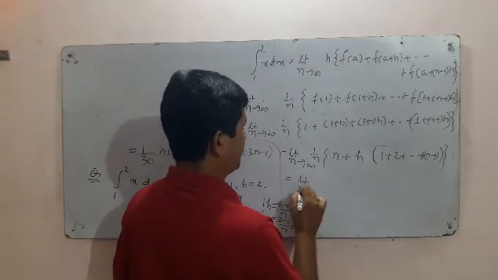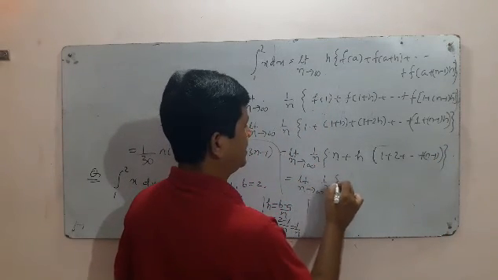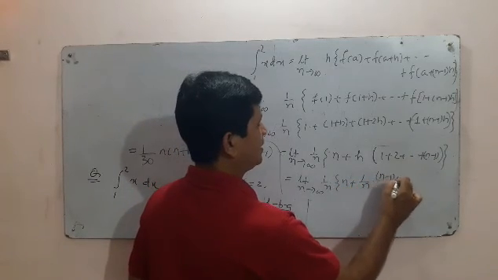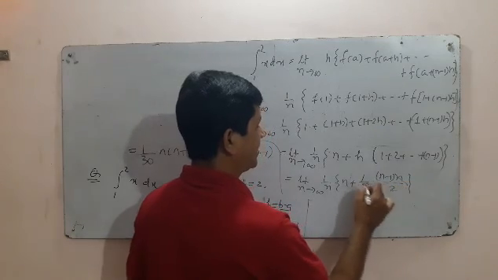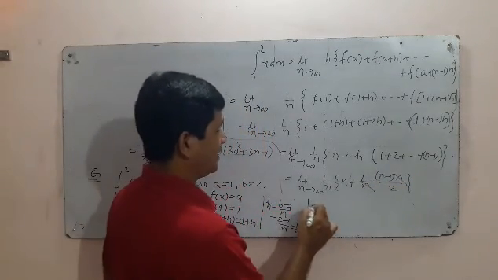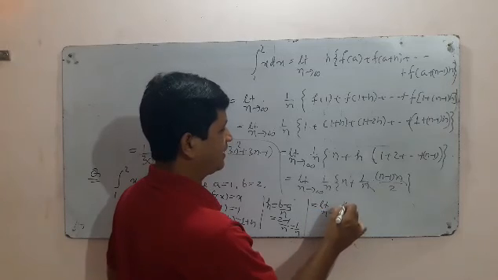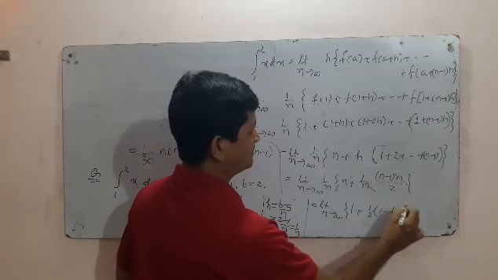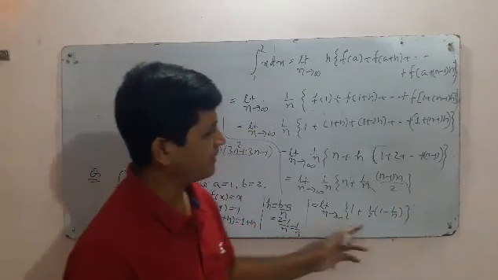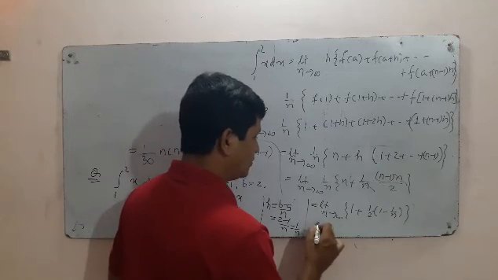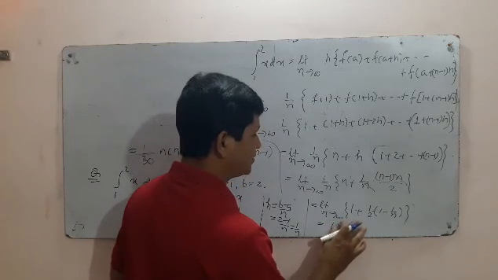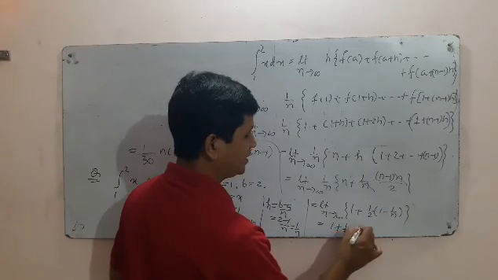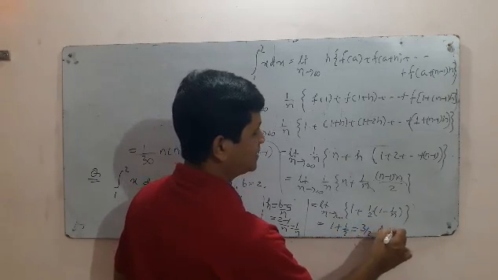That is limit n tends to infinity 1 by n times n plus h times n minus 1 into n by 2, n cancels, right? That is limit n tends to infinity n by n, which is 1, plus 1 by 2 into 1 minus 1 by n, right? n tends to infinity means 1 by n becomes 0. So 1 plus half into 1 minus 0, half into 1 minus 0, means half. So the answer is 3 by 2. This is the final answer.